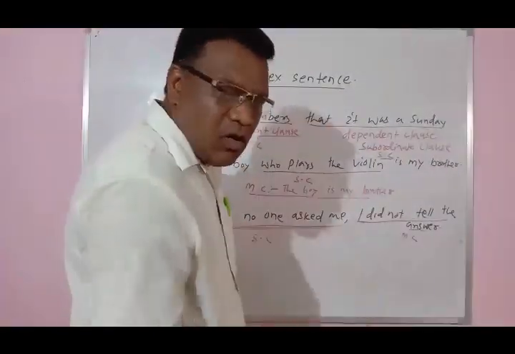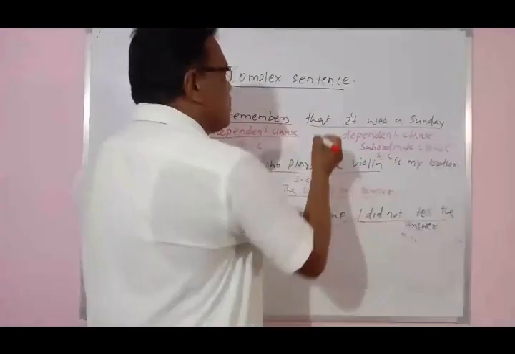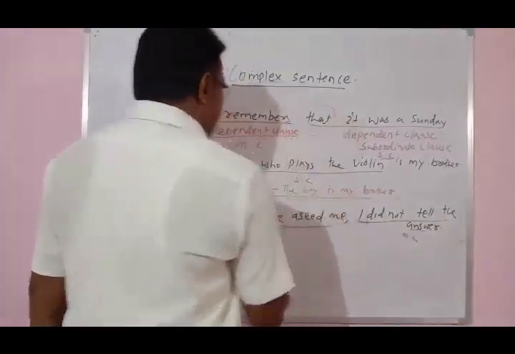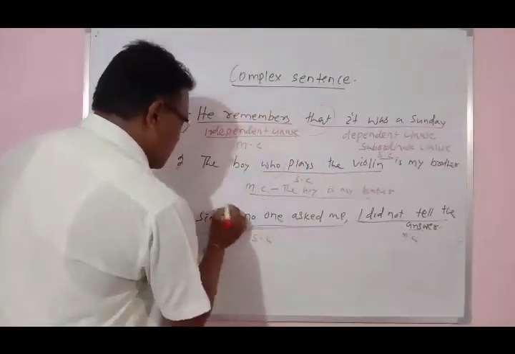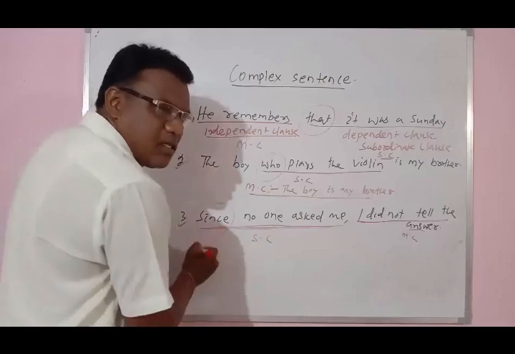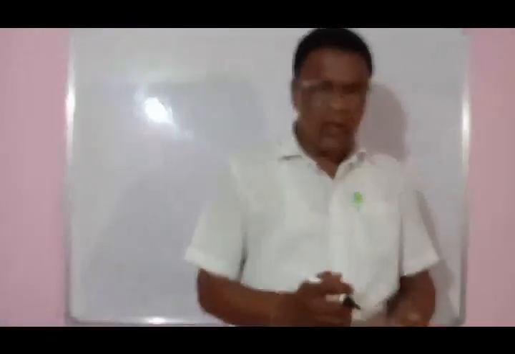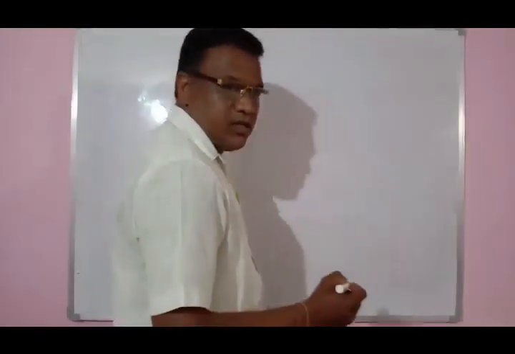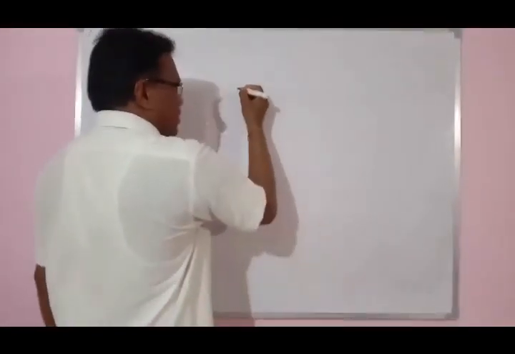You see, all the subordinate clauses begin with subordinators like that, who, since, etc. They are called as subordinating conjunctions.